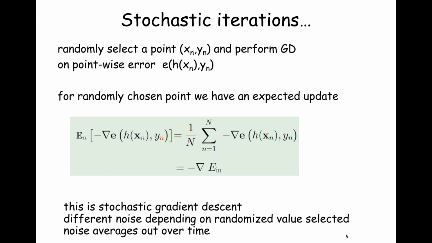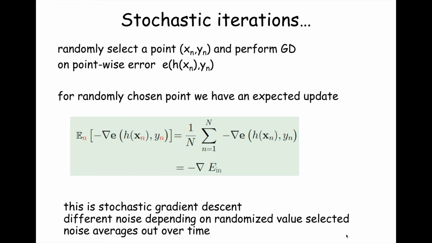And now how you select that point, you randomize. And so you randomly select an in-sample point, you compute the point-wise error, compute the gradient of En with respect to that point, and then do the update. And then you randomly select another data point, compute the point-wise error using cross-entropy error, and then compute the gradient with respect to that error.